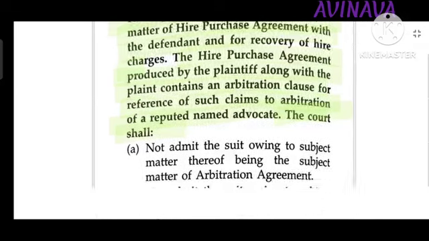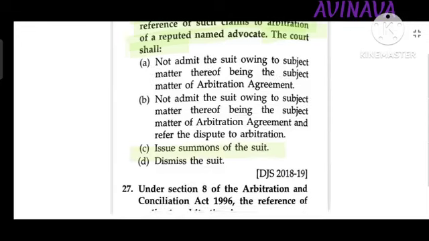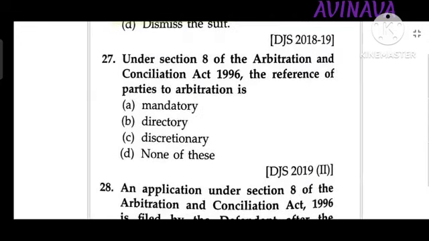The court shall issue summons of the suit. Under Section 8 of the Arbitration and Conciliation Act 1996, the reference of parties to arbitration is mandatory.